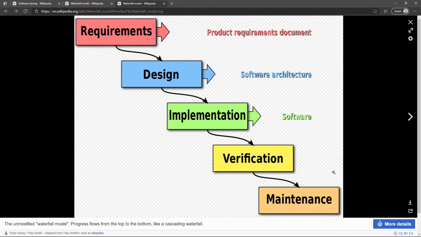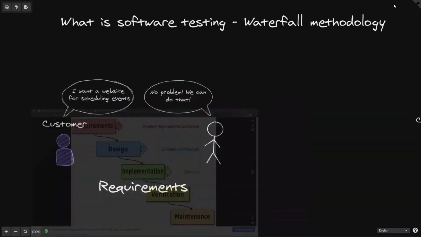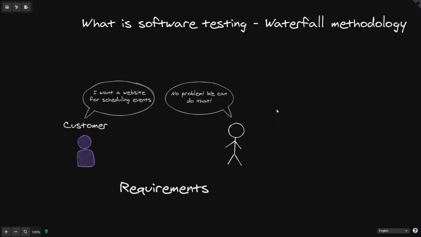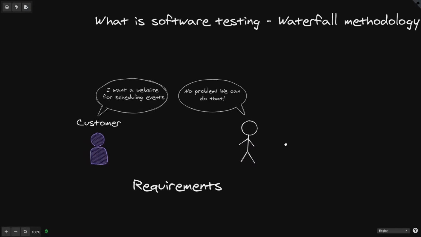But in order to understand this better, let's look at one simple example. The software development in the waterfall methodology starts with the requirements, as we saw.